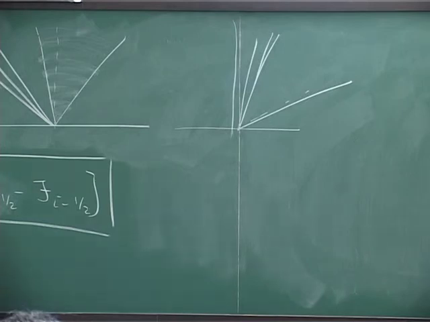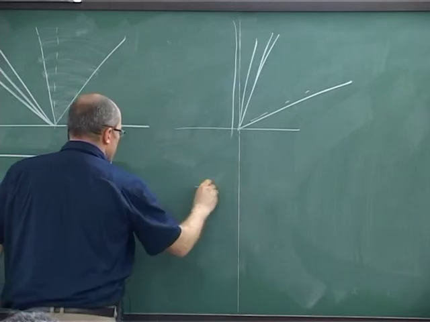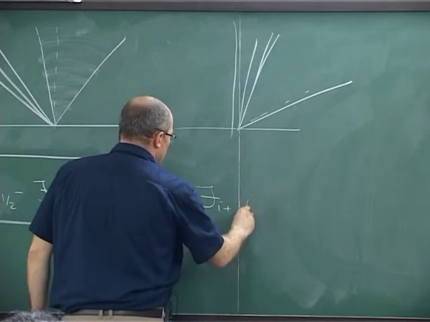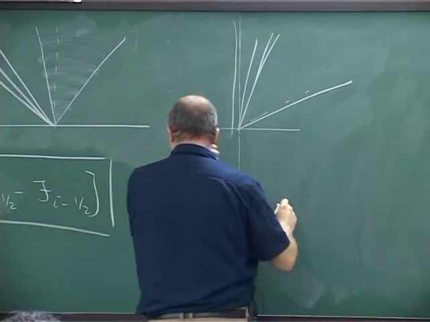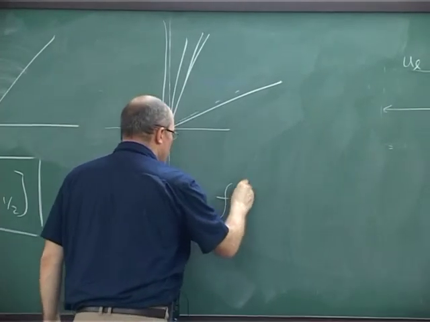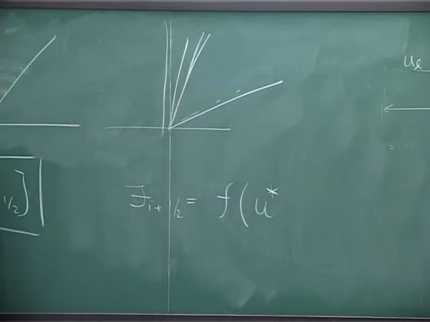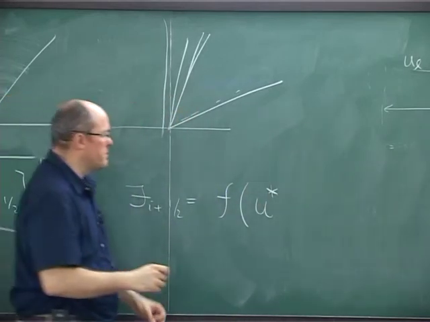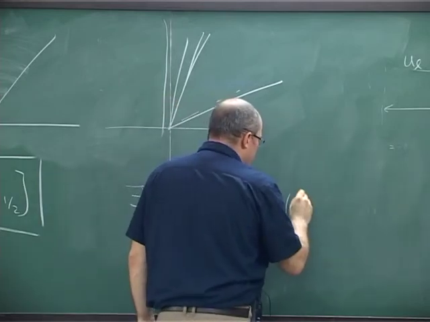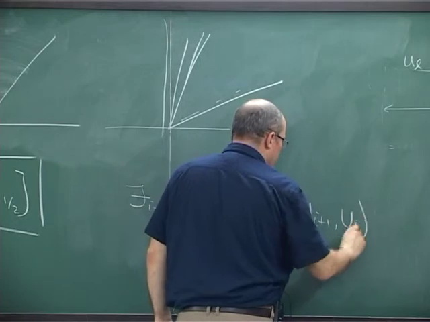And I can then write this in a slightly different way. The numerical flux function becomes simply f of, and people will write this as u star, right? Because star represents our solution to the Riemann problem, assuming the initial states were u i plus 1 and u i.